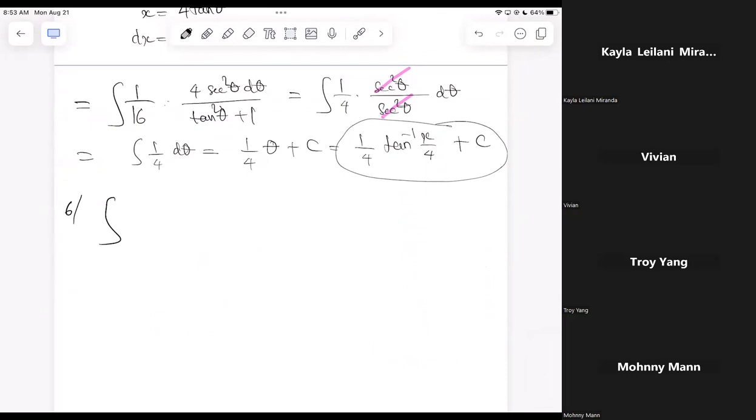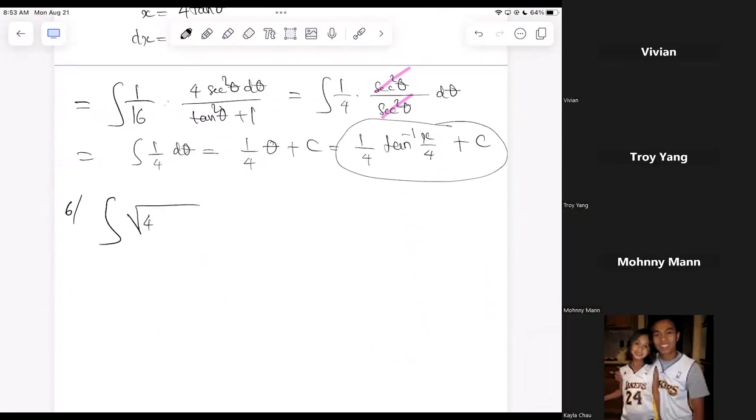Next problem is the integral of square root of 4 minus x squared dx. So for this problem, do we use sine or tangent? Sine, right?